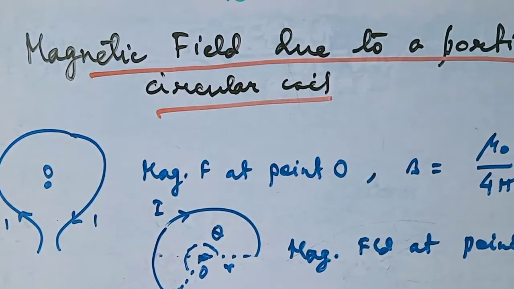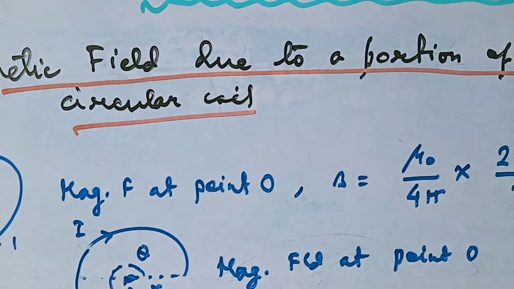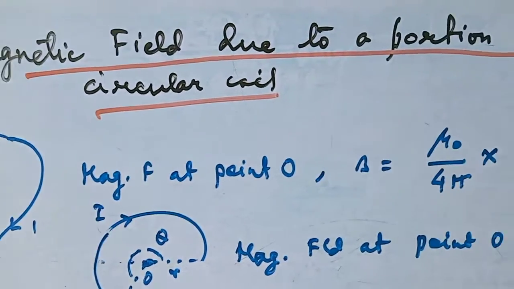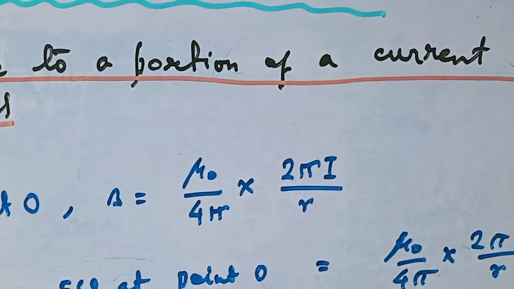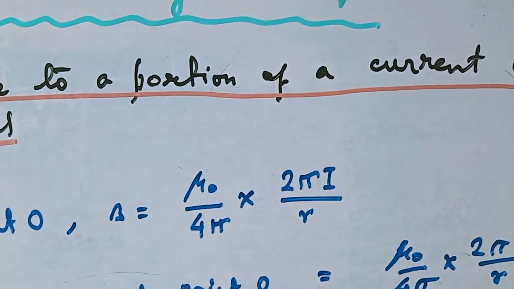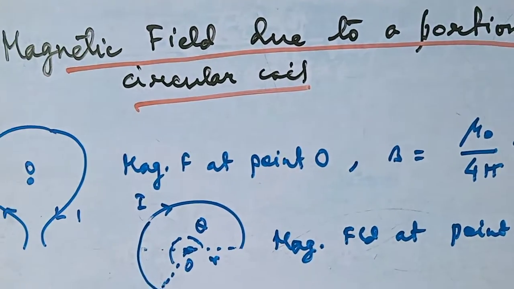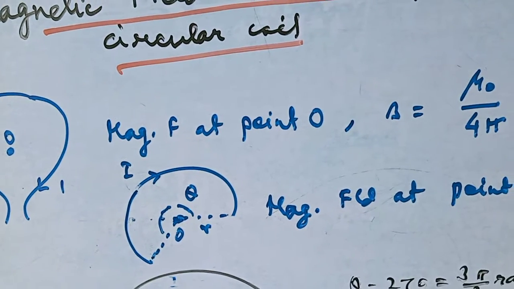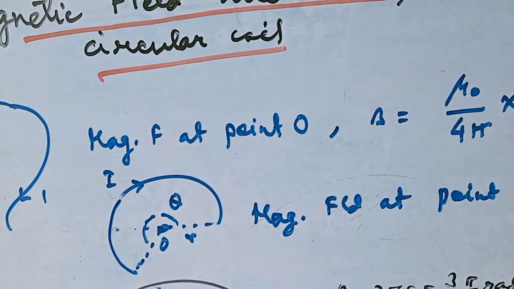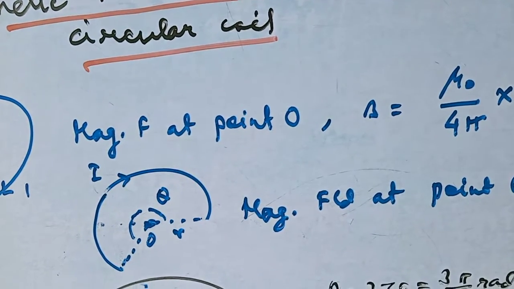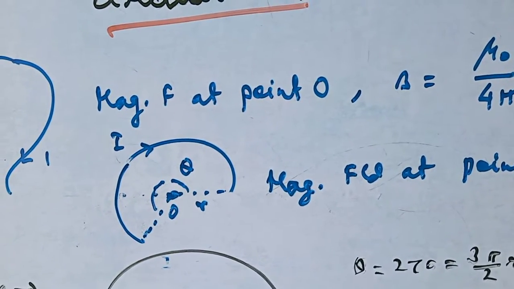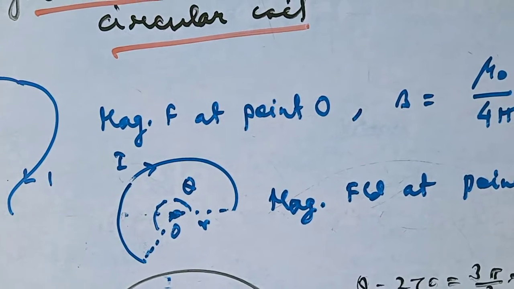Now we have learned in the previous video that the magnetic field at point O is equal to mu naught by 4 pi, 2 pi I by R. Now if the circle is not complete, that means we are going to calculate a portion of a current carrying circular coil. Then what will happen? See here, this is not a complete circle.